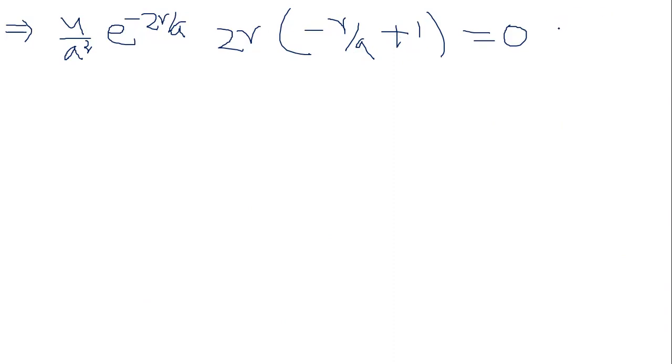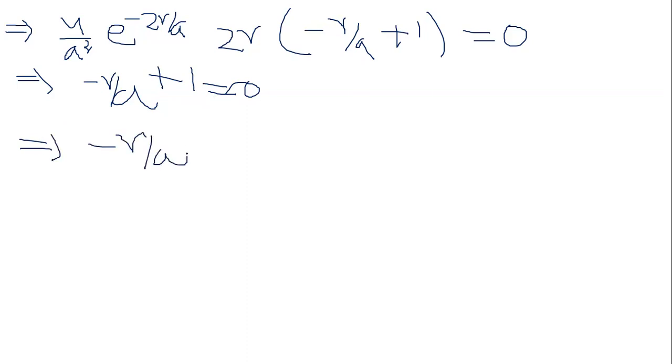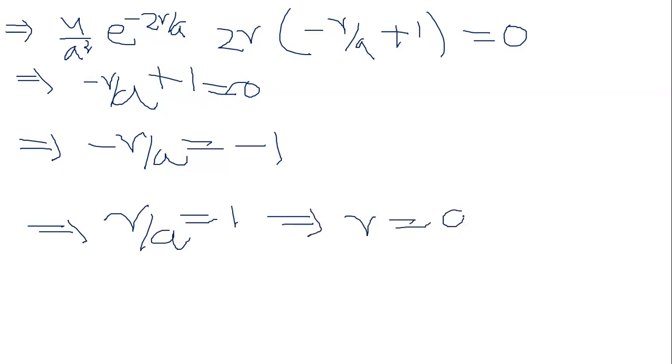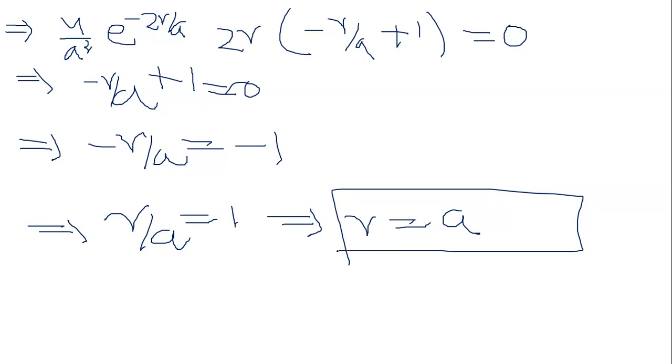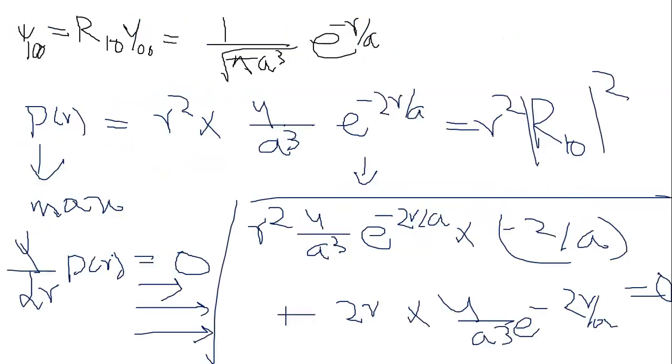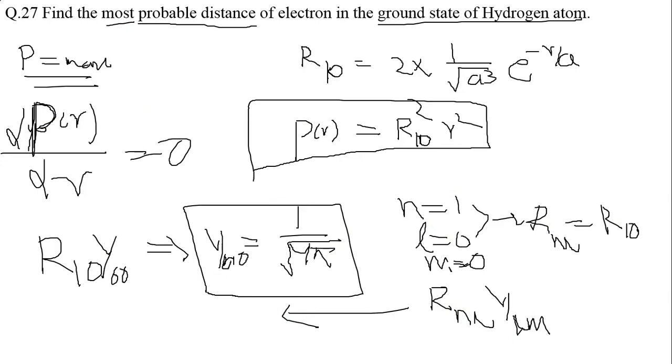So when you equate it to 0, the bracketed term must be 0. Minus r by a plus 1 equals 0, so r by a equals 1, r equals a. Here r is nothing but a distance.